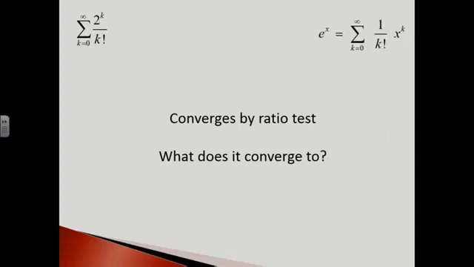Recall that exponential of x equals sigma k from 0 to infinity of 1 divided by k factorial multiplied by x to the power of k. The given series can be obtained by replacing x by 2 in the above formula. So it converges to exponential of 2.